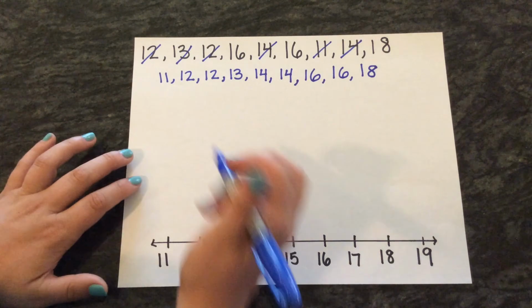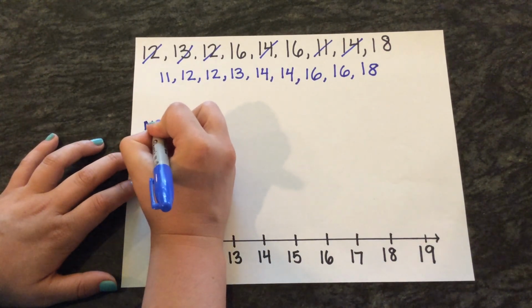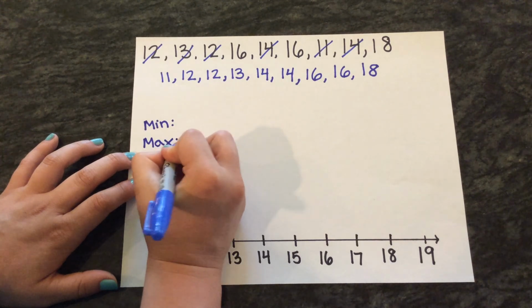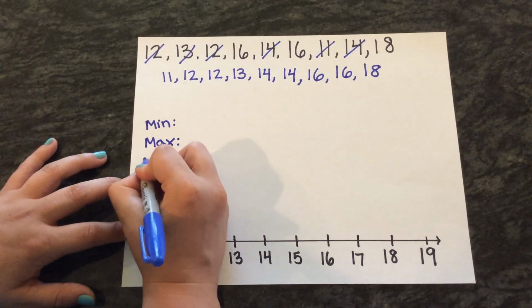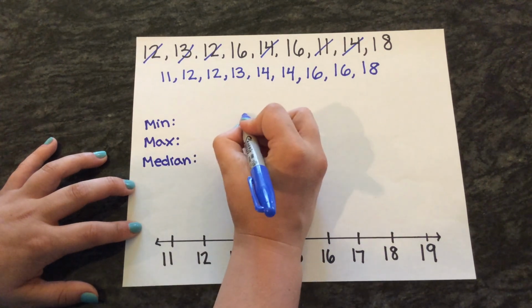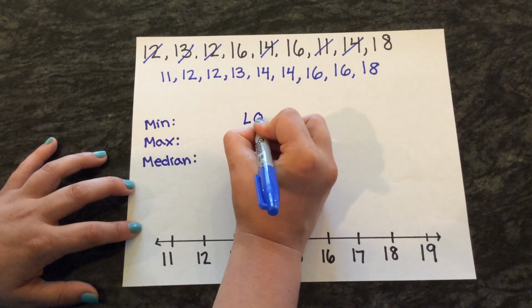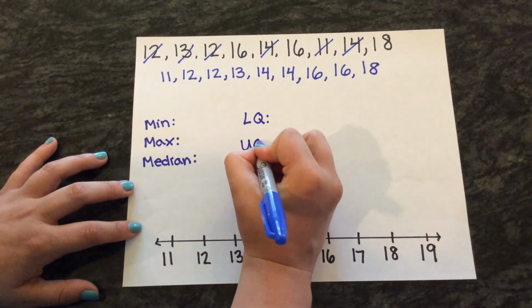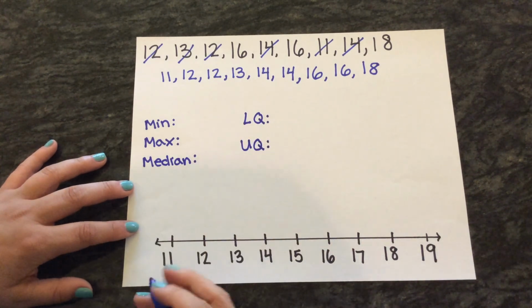Next, I'm going to find my minimum, my maximum, my median, my lower quartile, and my upper quartile.